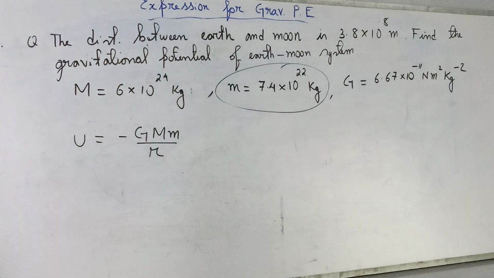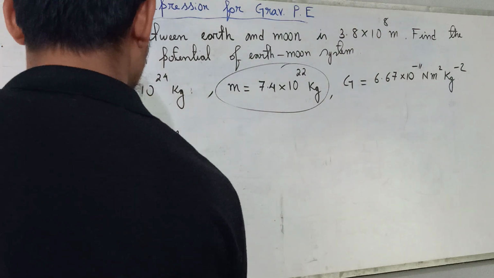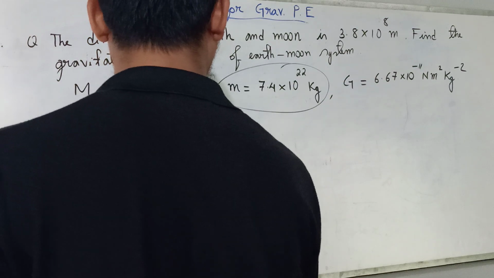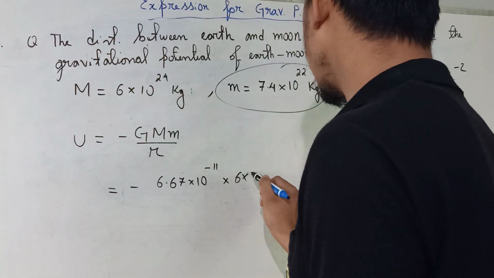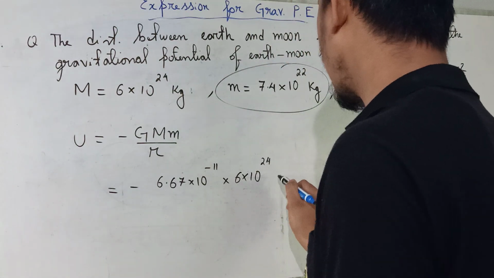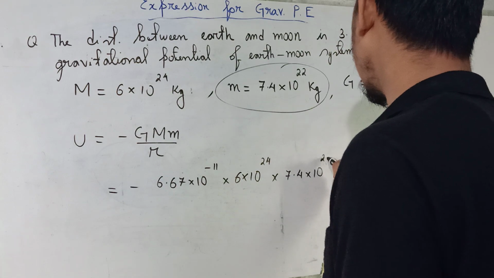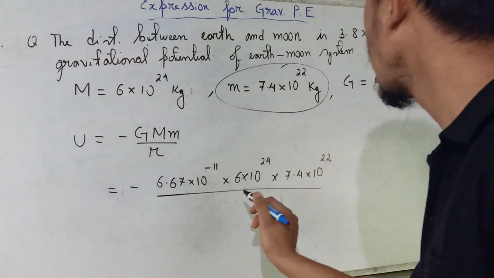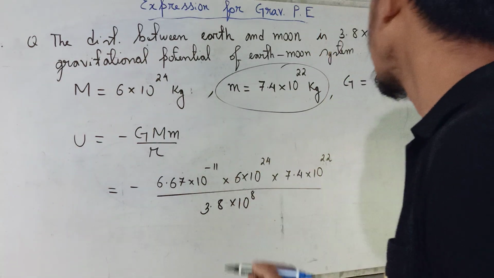Let us substitute the values. Minus as it is, G is 6.67 into 10 to the power minus 11, capital M is 6 into 10 to the power 24 kilograms, small m is 7.4 into 10 to the power 22 kilograms, by distance r, which is 3.8 into 10 to the power 8.